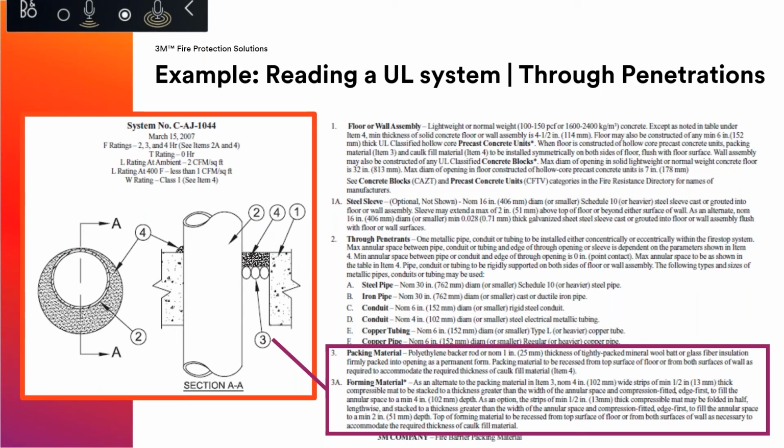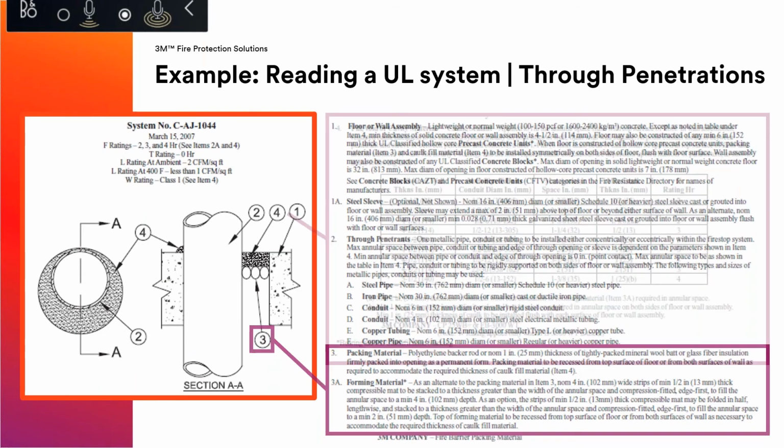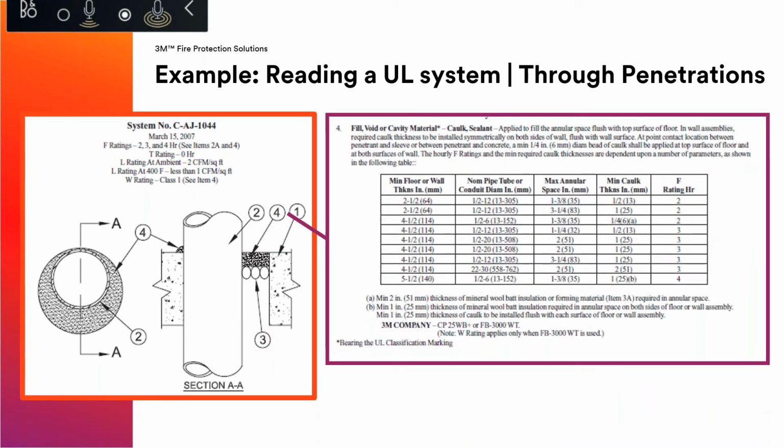This specific assembly identifies an optional backer material like a backer rod or a mineral wool packed into the opening, and then it specifically calls out the firestop product, and how that firestop material should be installed.